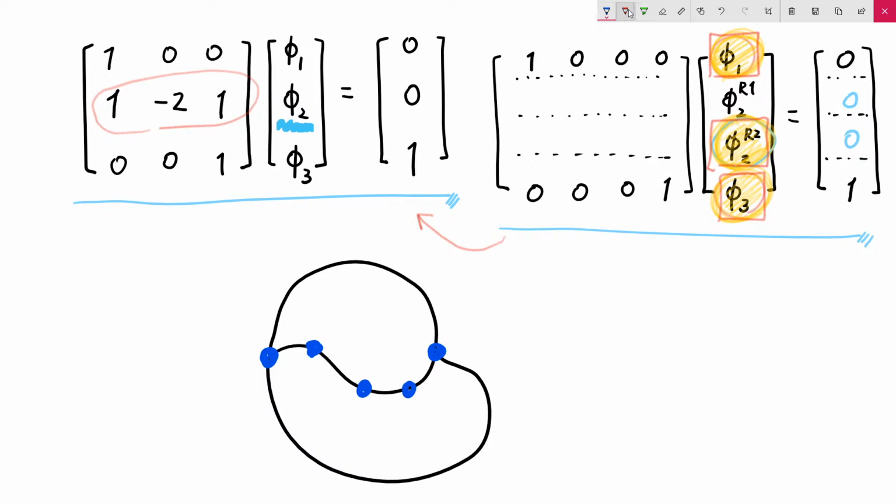Once again, let's call it R1, and this is the oxide region. And let's call it R2, and this is the silicon region. Now you understand, for a certain vertex V, let's say that this one has the index V, then we can define phi index V and R1, and also we can define these two different quantities.